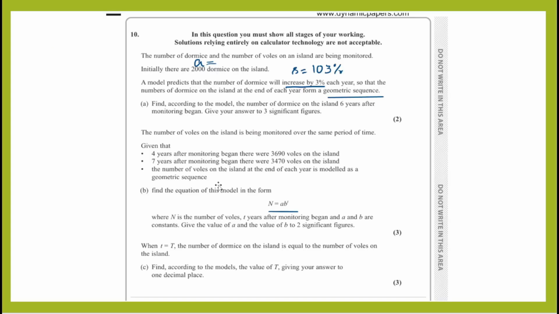Now for part B, we need to find the equation relating the number of voles in the form n equals AB whole to the power t, given that 4 years after, the number of voles is 3690 and 7 years after, the number is 3470.